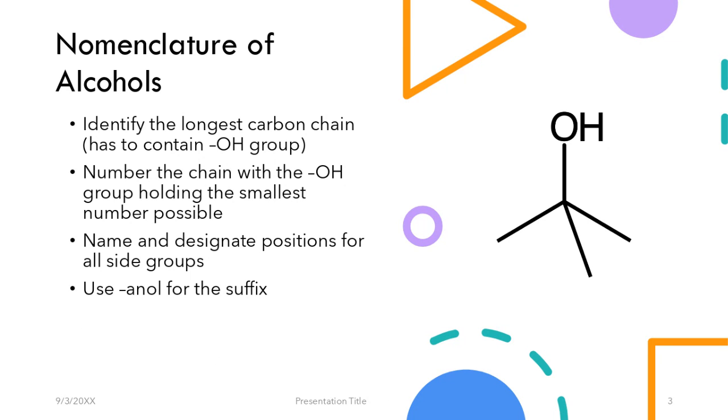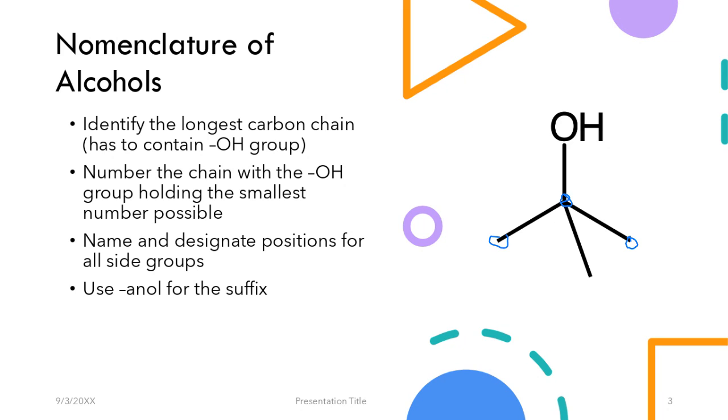So we could practice this one. The first step is just, again, longest carbon chain. So I can have 1, 2, 3. You have to make sure that's the longest one. So I could count here, 1, 2, 3, 1, 2, 3. It's the same.